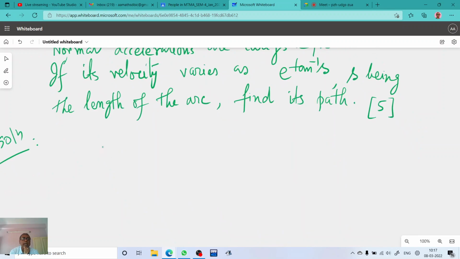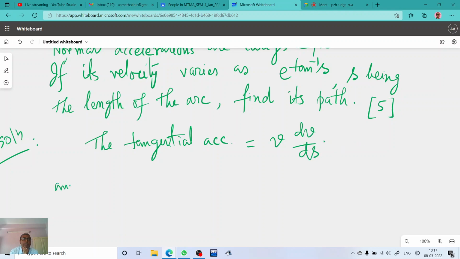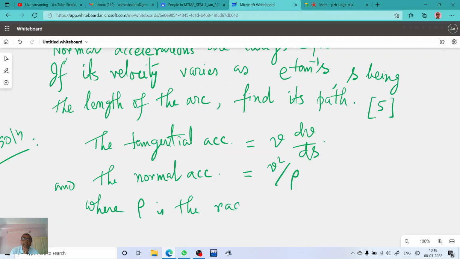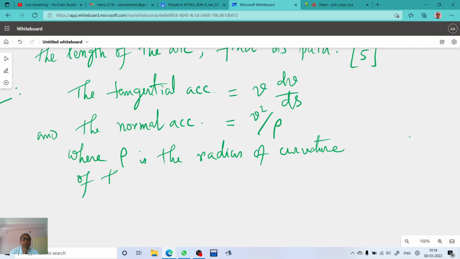Now we know that tangential acceleration is equal to v dv/ds, and the normal component of the acceleration is equal to v square by rho, where rho is the radius of curvature of the path at any point P at time t.